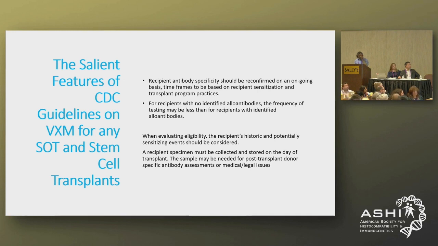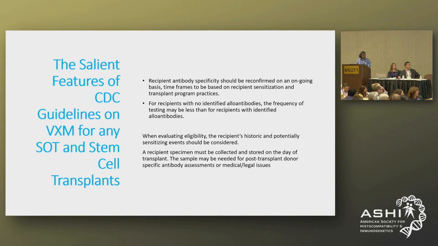This came out in 2014, so many years ago, 8 years ago, the CDC guidelines for virtual cross-match for solid organ transplant and stem cell transplantation. Many of you probably already know about this. What are the criteria for having a very good virtual cross-match?